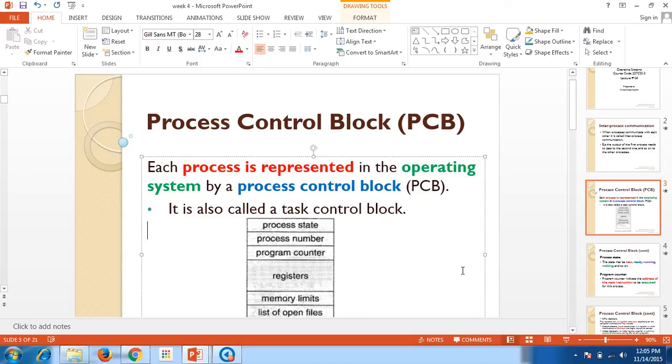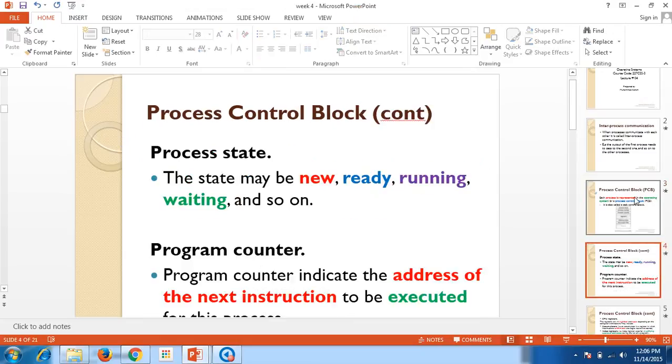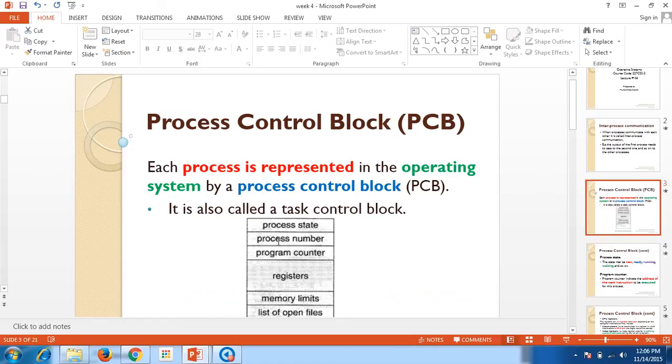So what is process control block? Each process is represented in the operating system by a process control block. We use process control block to represent the process in the memory. We will discuss all these components: process state, process number, program counter, registers, memory limits, and list of open files in coming slides.